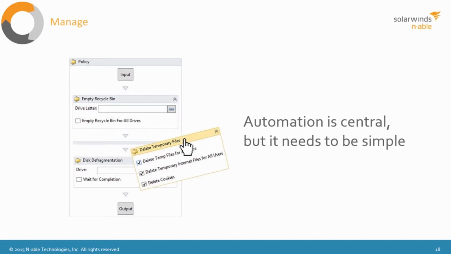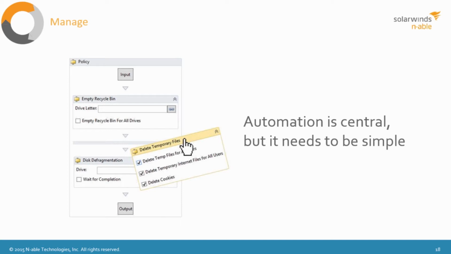So that's our philosophy behind Automation Manager, which was pretty much the first drag and drop automation. We still think it's the only drag and drop automation tool that's out there that lets you just grab whatever task you want to do, in this case delete temporary files, and just drop it into a policy, and then I save all that policy as my workstation management policy.